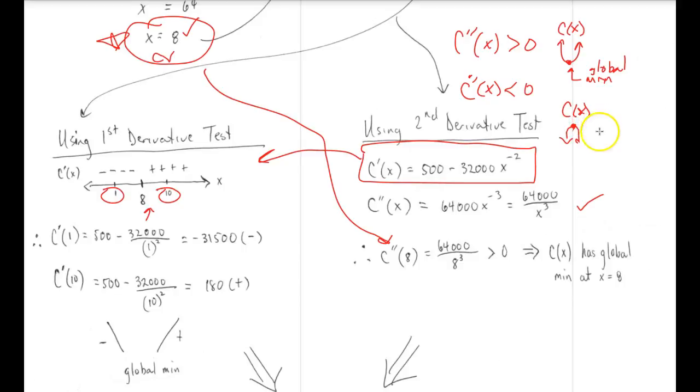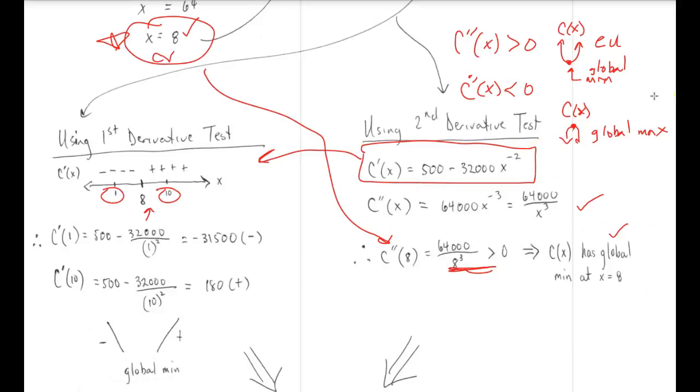It was concave down, and that's going to be a global maximum. And of course, in this case, we see that it ends up being positive, so that meant that the function itself was concave up, and so the critical value let us know we have a local minimum, and since it's the only one, it's also a global minimum.